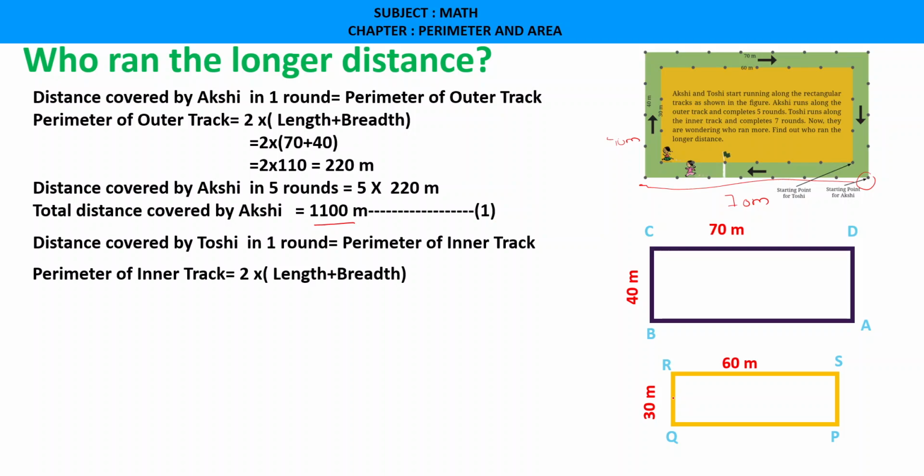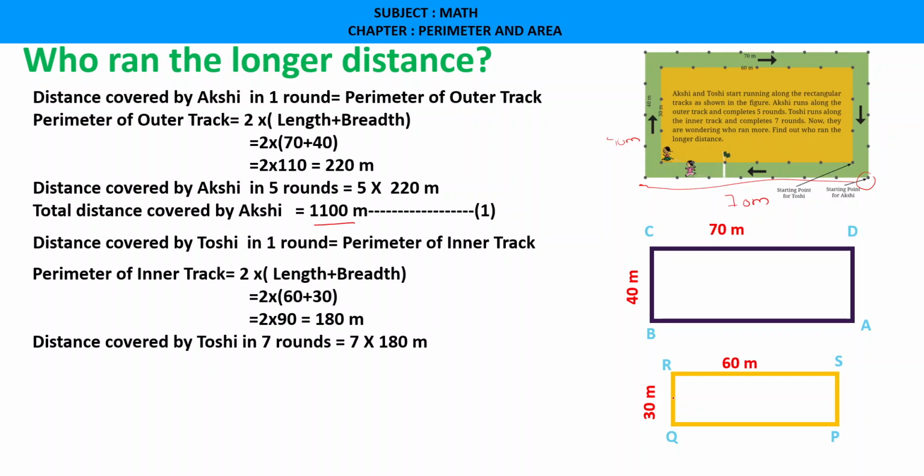Perimeter of the inner track is equal to 2 into length plus breadth. Substituting length as 60 meters and breadth as 30 meters, we get the perimeter of the inner track as 180 meters. But how many rounds does Toshi complete? 7 rounds. So in 7 rounds, Toshi completes 7 into 180 meters, nothing but 1260 meters. This is equation 2.